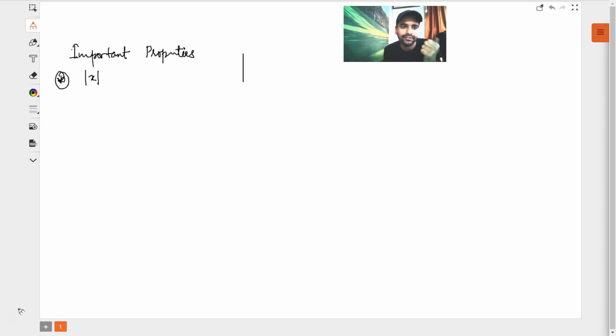But if it is a variable, I cannot say whether it is positive or negative. So I can write mod of x as mod of minus x as well, right or not, guys? Whatever will be the output of this function will be positive.